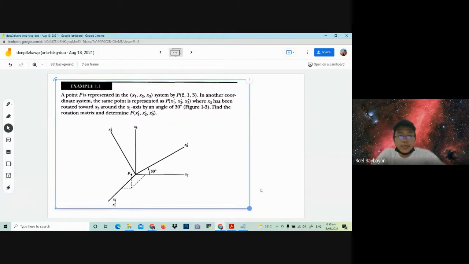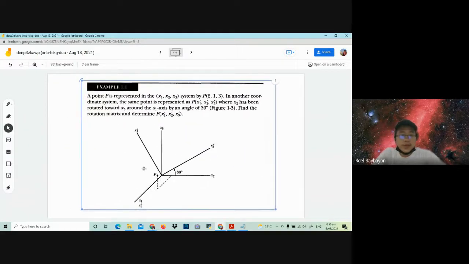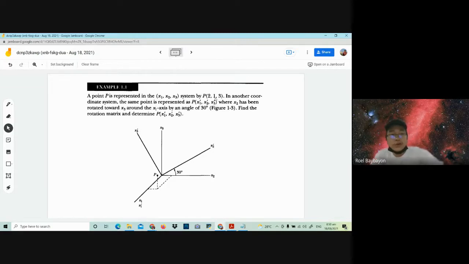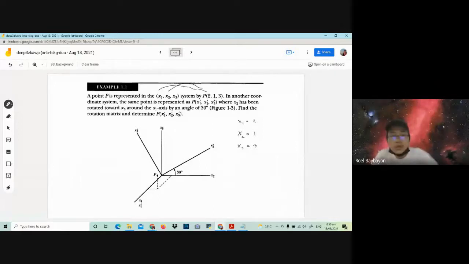So I have point P. So na ko example nga, a point P is represented in the unprime nga coordinate system, the x1, x2, x3 as 2, 1, 3. So given si x1 is 2, x2 is 1 and x3 is 3.